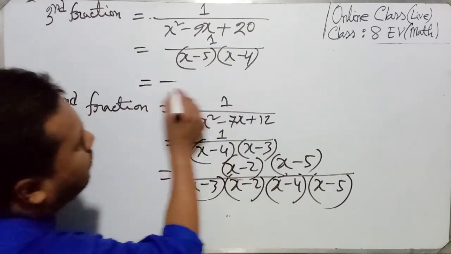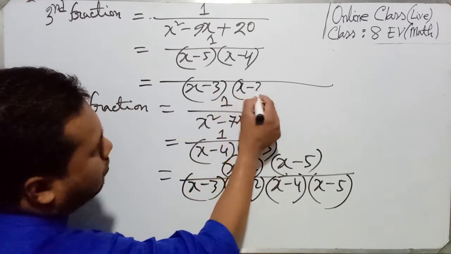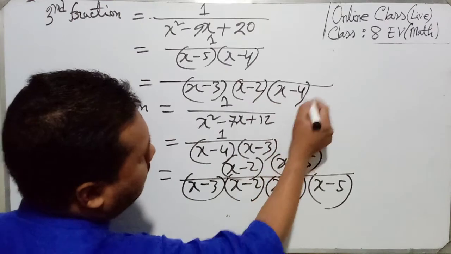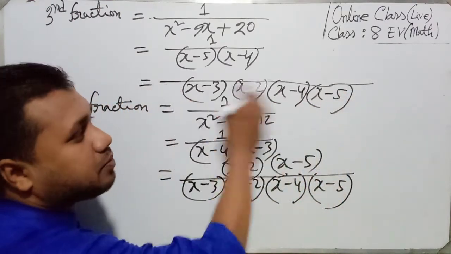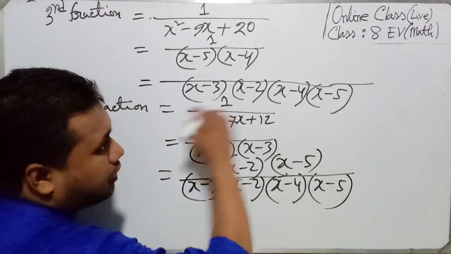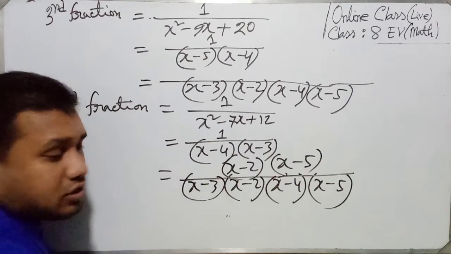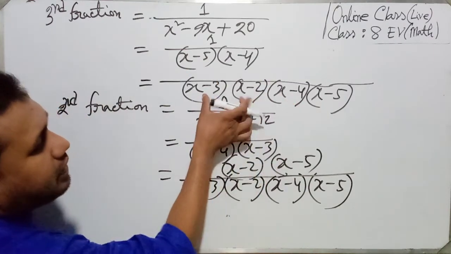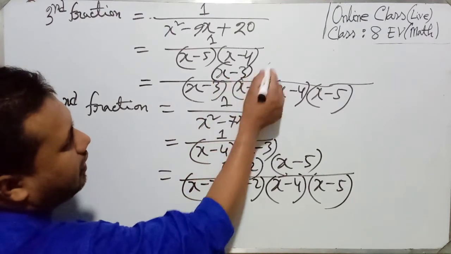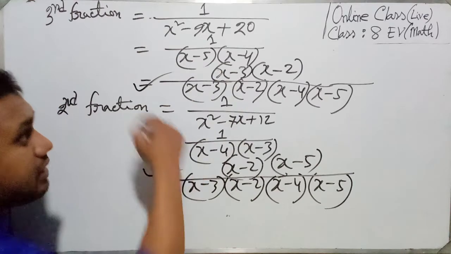So write x minus 3, x minus 2, x minus 4, x minus 5. If you write x minus 5 at first and x minus 3 last, no problem. You have to write these 4, the order is not significant. Now we have x minus 5 and x minus 4, so we need x minus 3 and x minus 2.